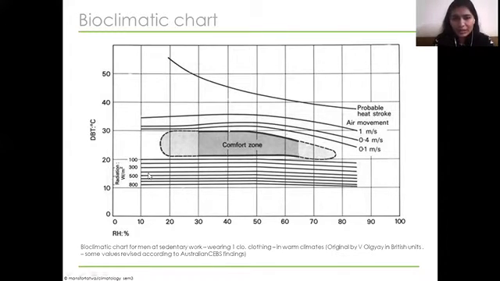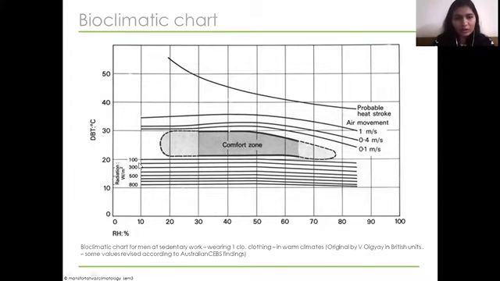So what does this line recommend? It recommends you to provide radiation or addition of heat. Heat has to be added inside the space, approximately 400 watts per meter square.